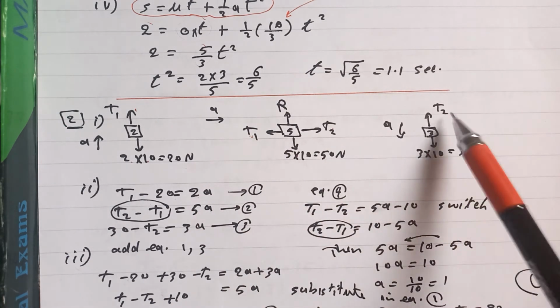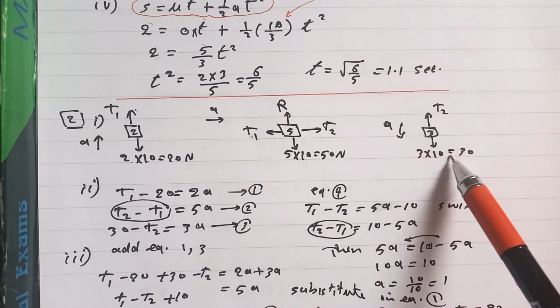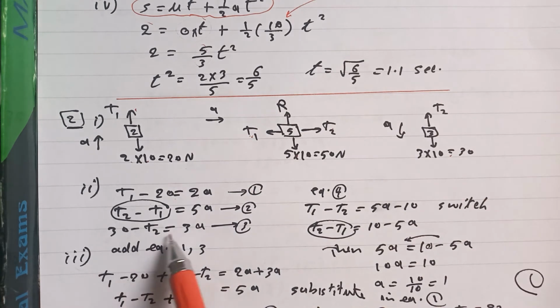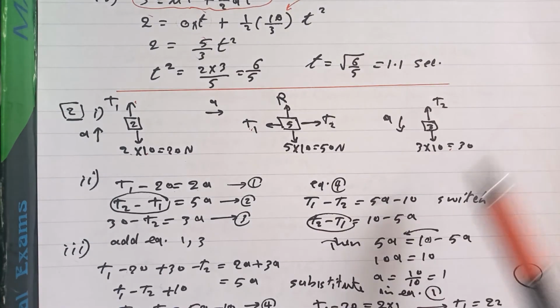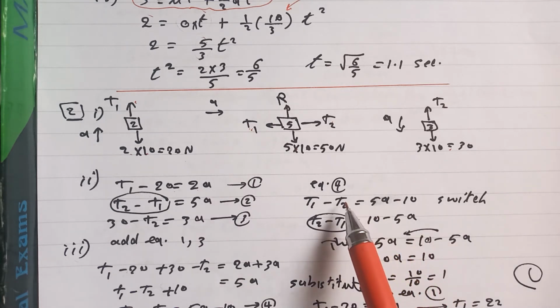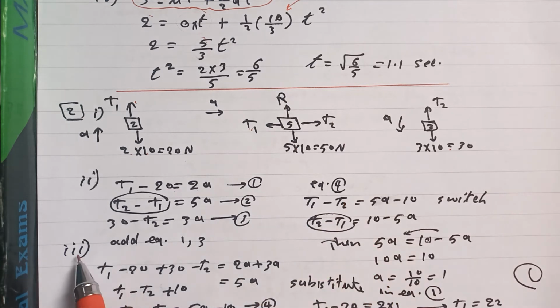And for this one, it will be 30 minus T2, because it will move down, equals 3A. This is the equation of motion. And then I need to get the acceleration, from number 3.